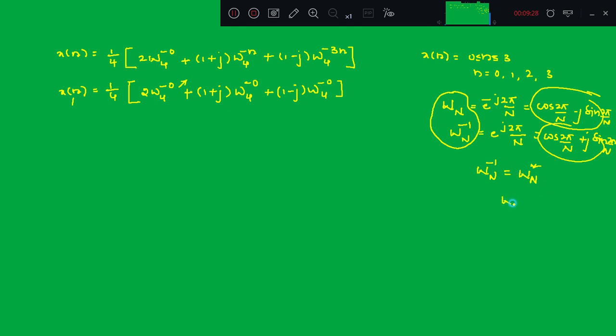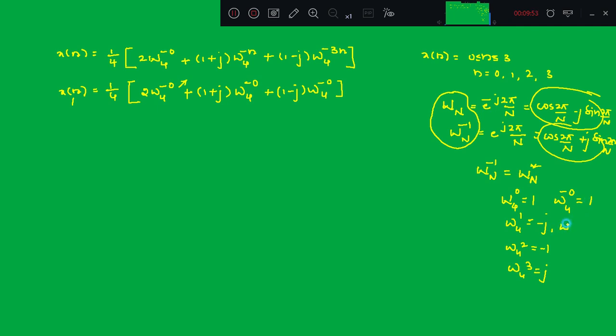So we know that W4 raised to 0 is equal to 1, W4 raised to 1 is equal to minus j, W4 raised to 2 is equal to minus 1, and W4 raised to 3 is equal to plus j. Then how to write W4 raised to minus 0? Since it is real, no need to change the sign, so it is simply 1.